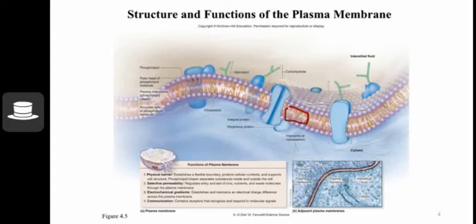So proteins that pierce all the way through the membrane are called integral proteins. And then some of the proteins you'll notice, like this little guy down here, are what we call peripheral proteins. They're either only on the inside or only on the outside. So they're on the periphery of the phospholipid bilayer. And then lastly, here's a protein, and then here is a sugar molecule hanging off of it.